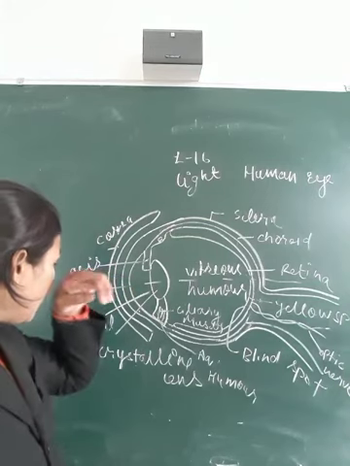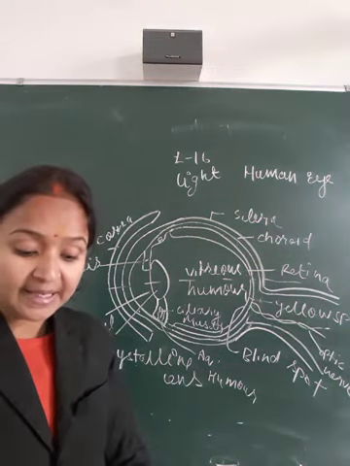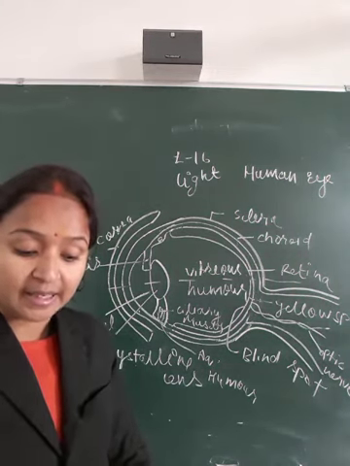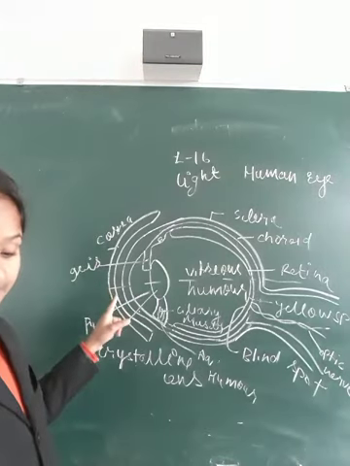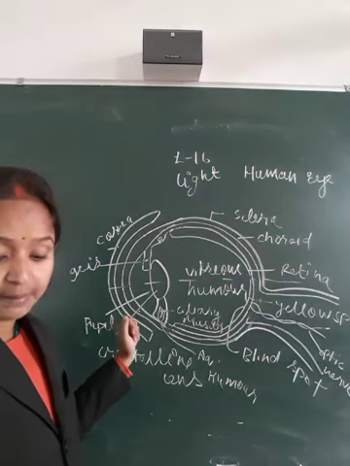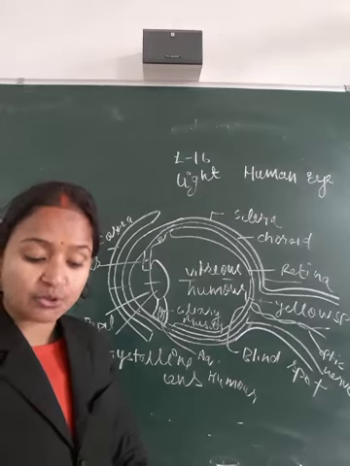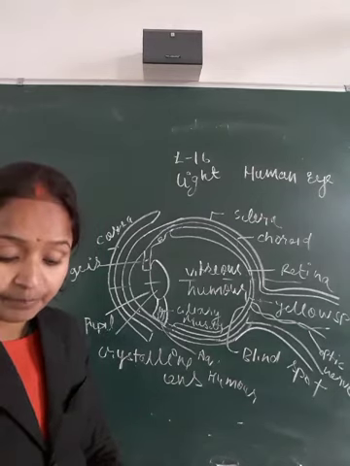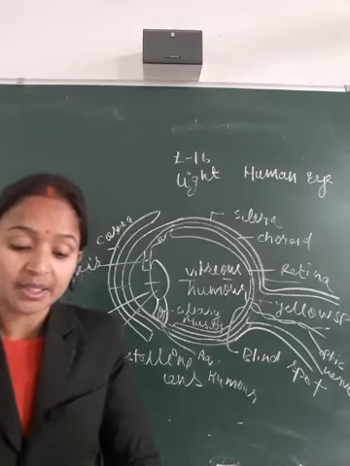It has tiny muscles arranged radially around the pupil, and these muscles can increase or decrease the diameter of the pupil, and the iris is heavily pigmented. The color of the eye depends upon the color of the pigment, and the function of iris is to control the amount of light entering the eye, and this is done by increasing or decreasing the diameter of the pupil.